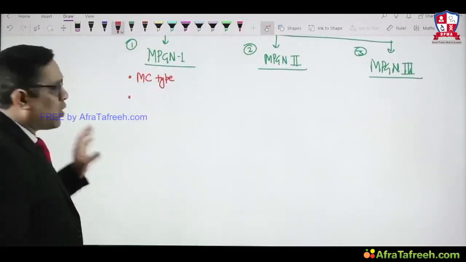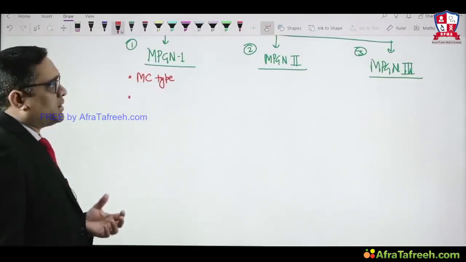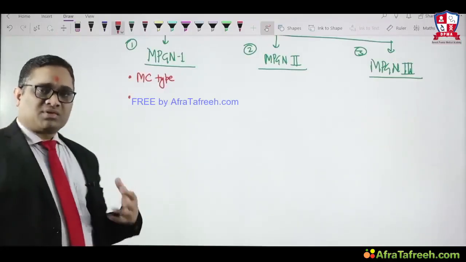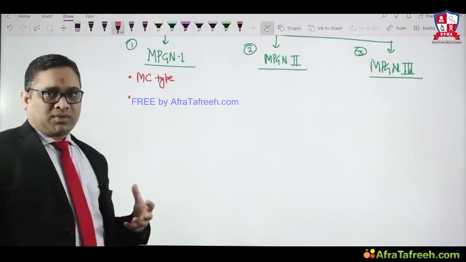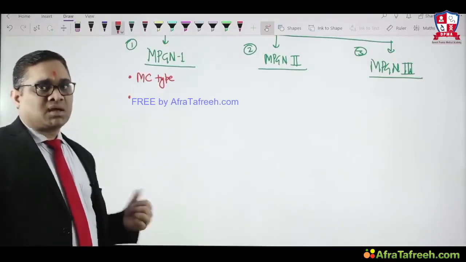In MPGN type 1, what we will notice is that it is most commonly associated with activation of both the complement pathways, classical as well as alternative.